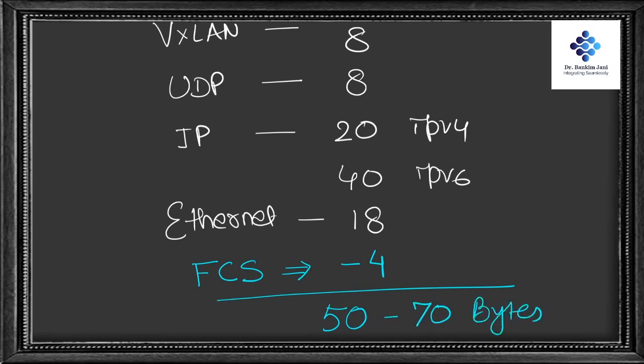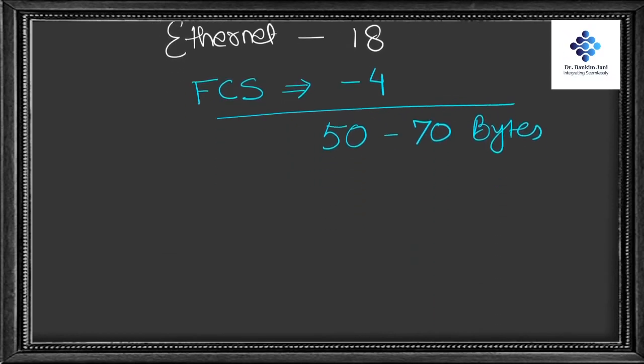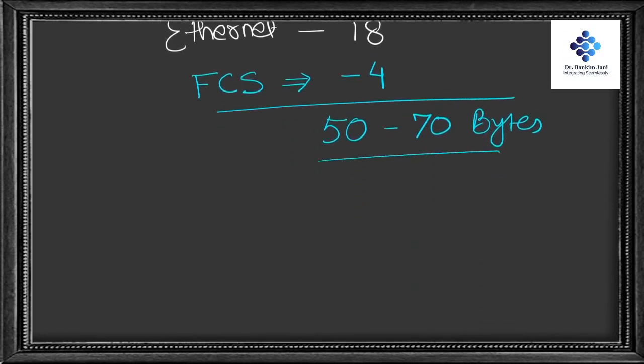This is huge, right? 50 to 70 bytes of header. Now, when you do this, this would exceed the limit of a normal Ethernet frame. And when it happens, immediately it will lead to what is called fragmentation.